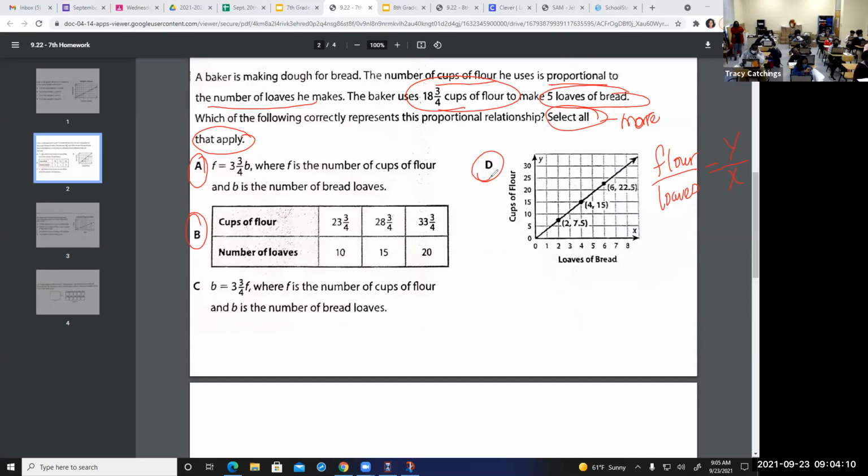2 divided by 7.5. You sure that's 2 divided by 7.5? Good job, because x comes before y, but when we divide, we just said we do what? Y over x. That's why I tell us to set it up, to make sure we set it up correctly. So 7.5 divided by 2.